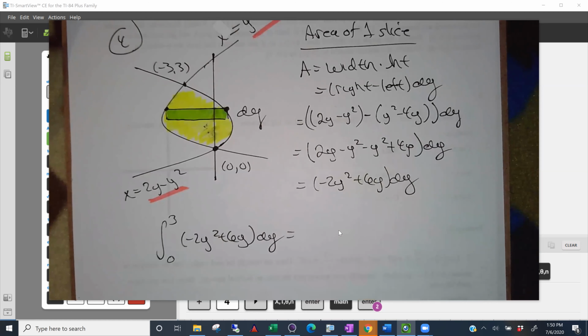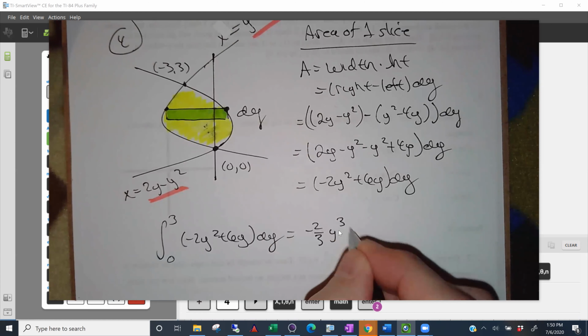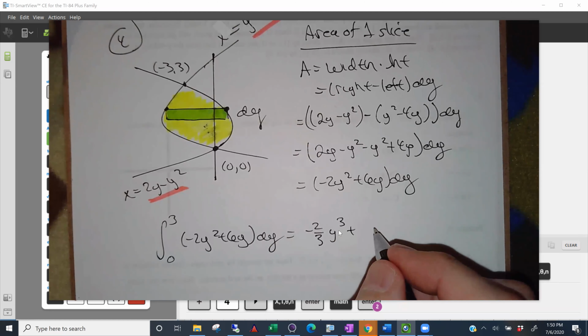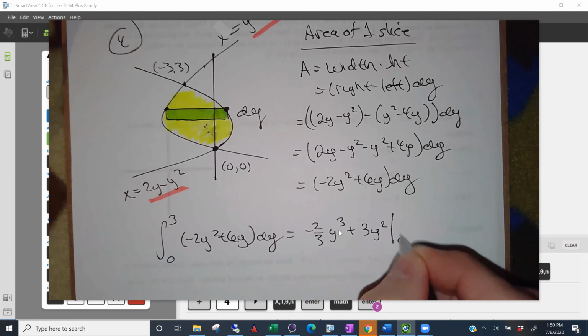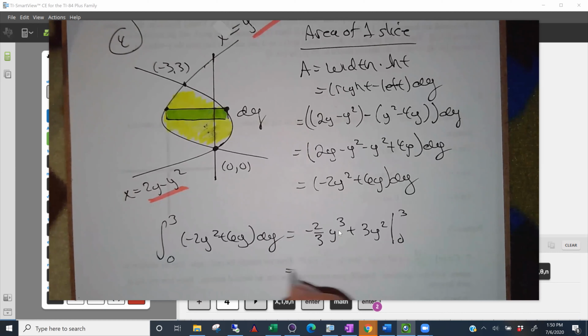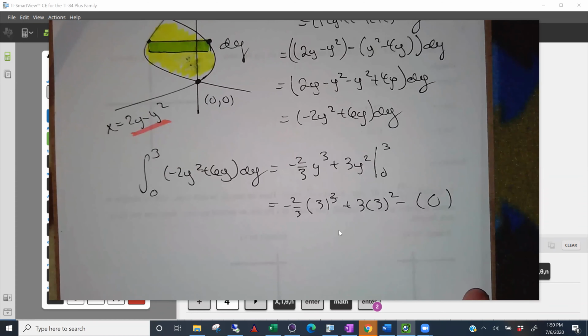And let's actually do this one out. So that's going to be negative 2/3 y cubed plus 3y squared between 0 and 3. So negative 2/3 times 3 cubed plus 3 times 3 squared. That's our upper limit. At the lower limit, this function is 0.